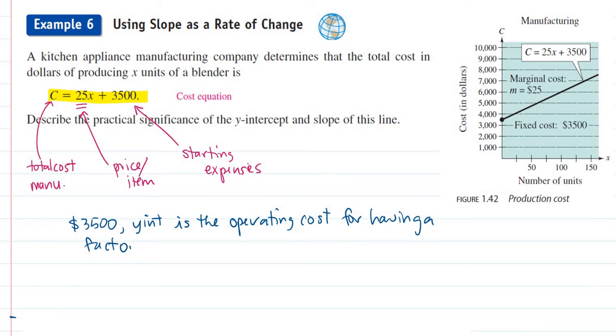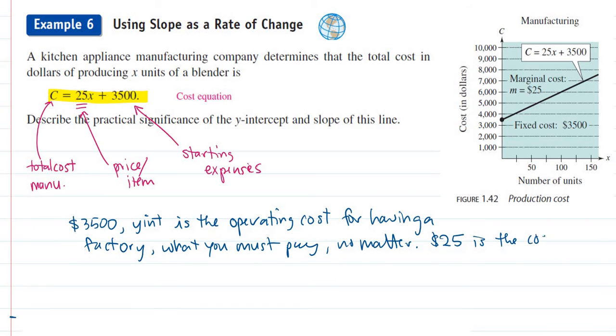And it's what you must pay no matter what. $25 is the cost per unit. Period. Okay, cool. There we go.